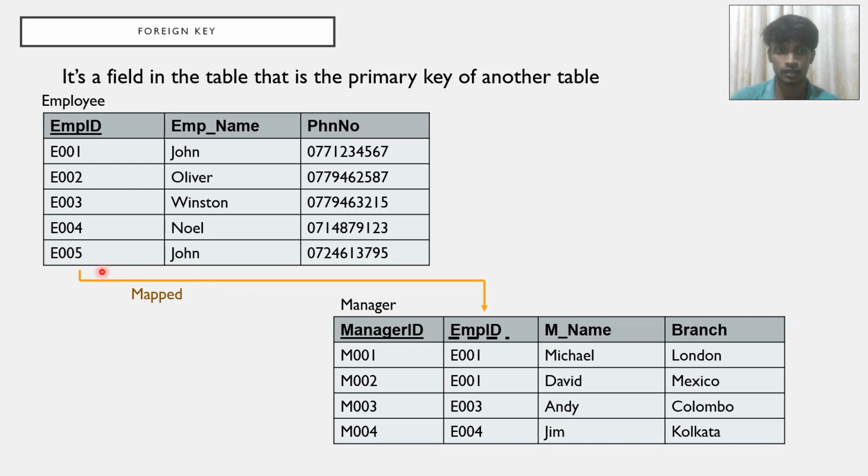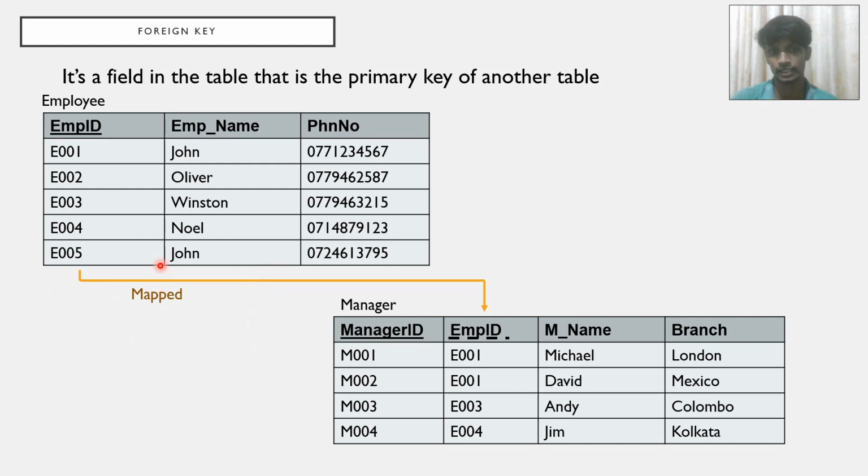Okay, so what does this line between these tables mean? You might not have noticed this notation, and this is the most important notation when it comes to ER diagrams.